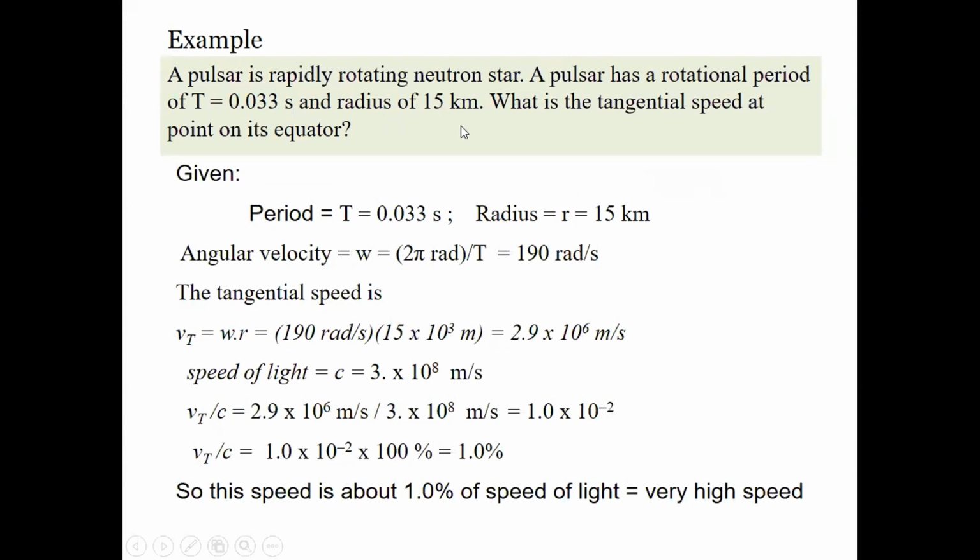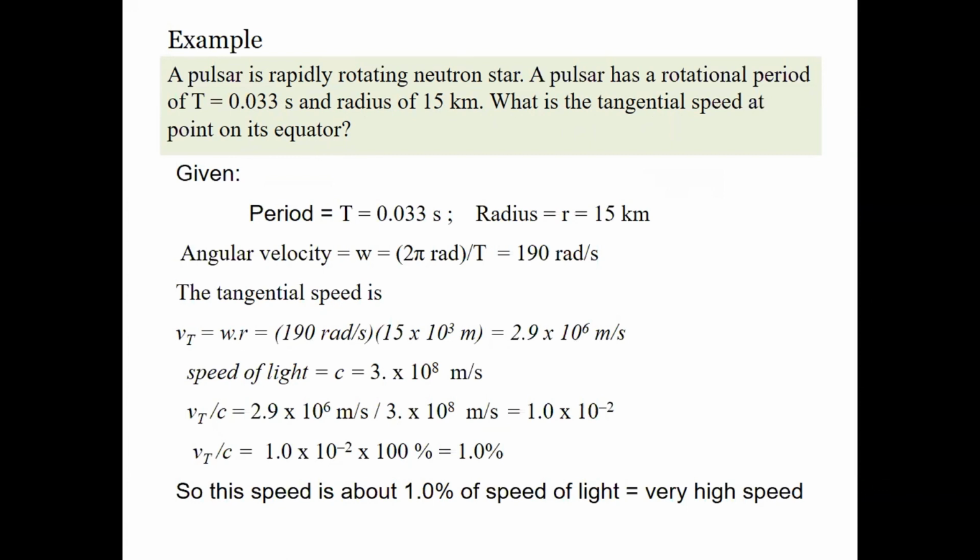The radius of the star is given as 15 kilometers. We know very well that the density of this star is very, very high, a large value. The question is, what is the tangential speed at a point on its equator?